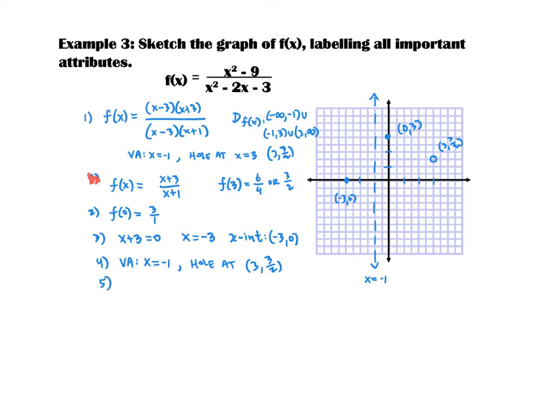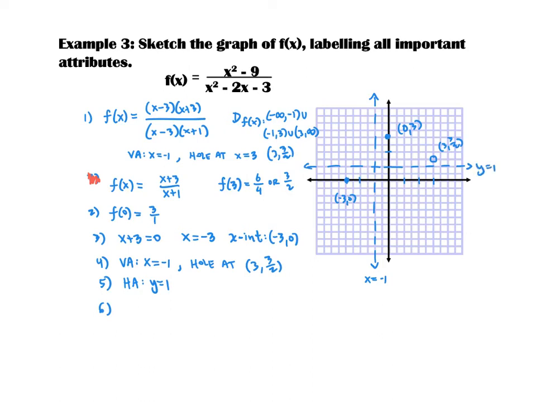The degree of the numerator and denominator are the same. They're both 2. Therefore, their coefficients 1 and 1 will give us a horizontal asymptote at y equals 1. Number 6, we just need to plot a bunch of points, which we have already done. I'm going to plot one more point after I put this horizontal asymptote up. That's the horizontal asymptote at y equals 1.